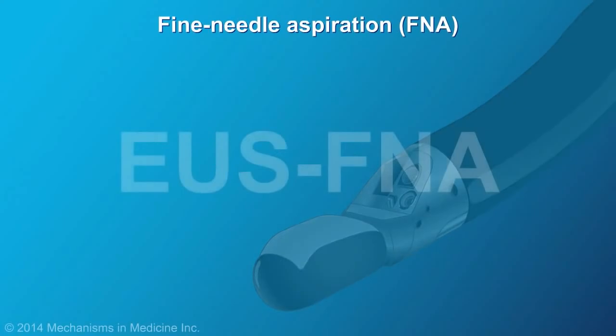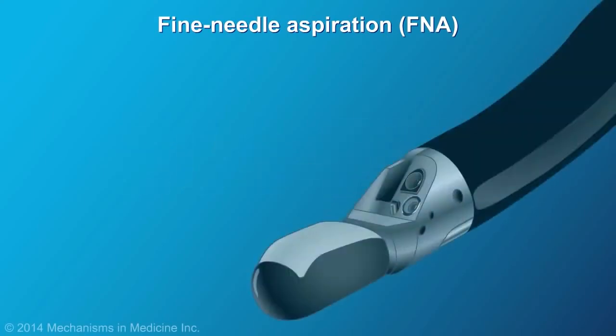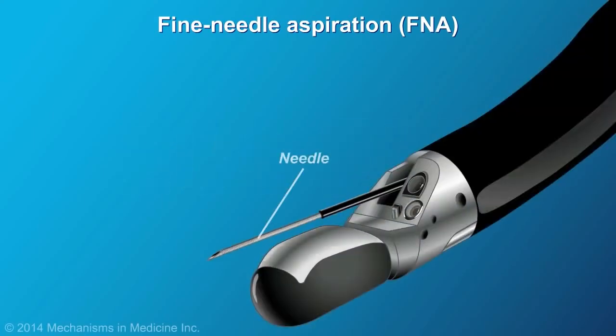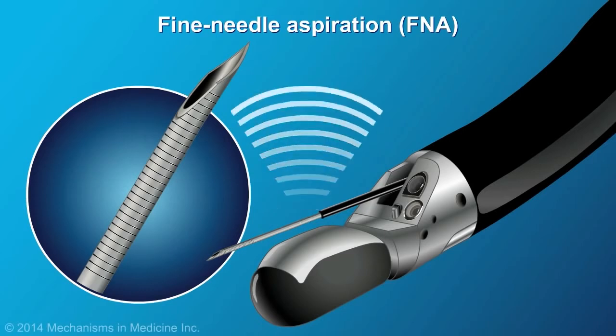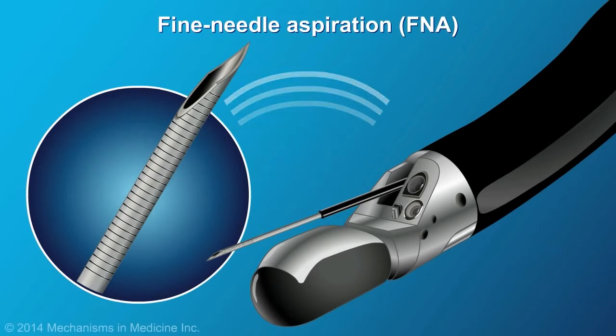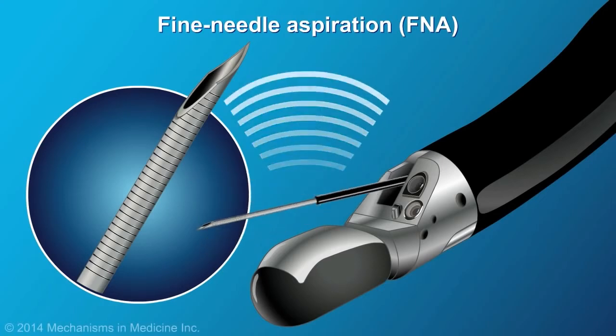EUS-FNA simultaneously involves a procedure referred to as fine needle aspiration, or FNA, which allows your doctor to sample areas of interest for analysis. FNA uses a specialized needle that can be inserted through the wall of the stomach or intestine into the pancreas. Using EUS for guidance, the physician is able to accurately visualize and direct the needle to the target area.